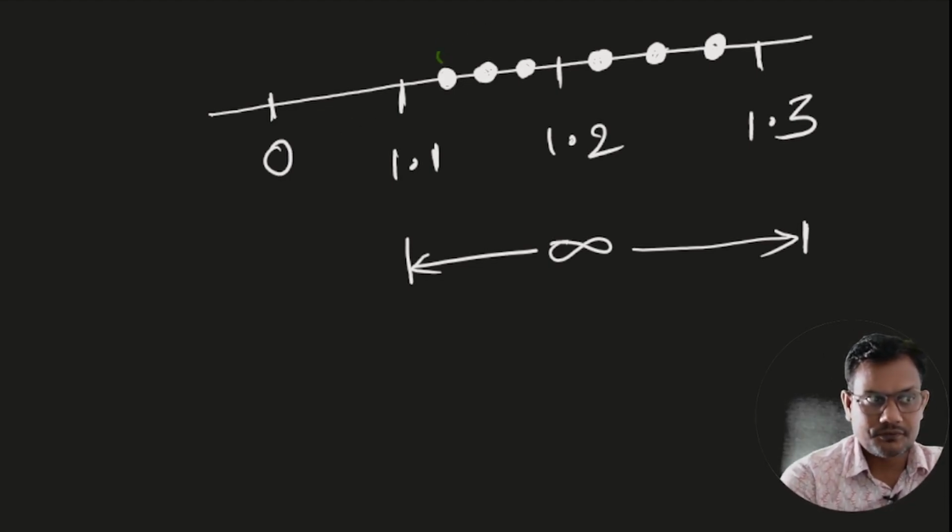Suppose from these numbers we are not able to find the rational number.